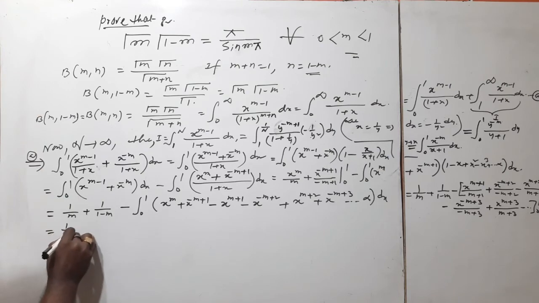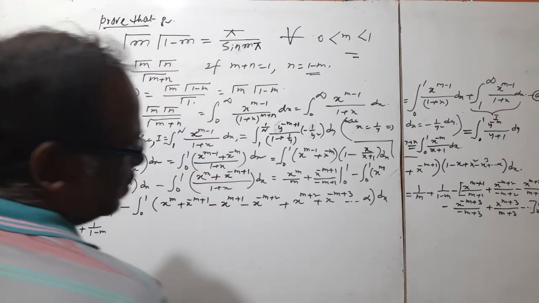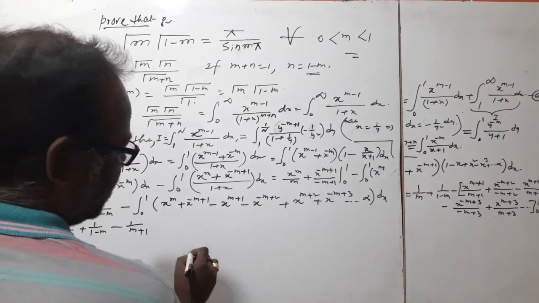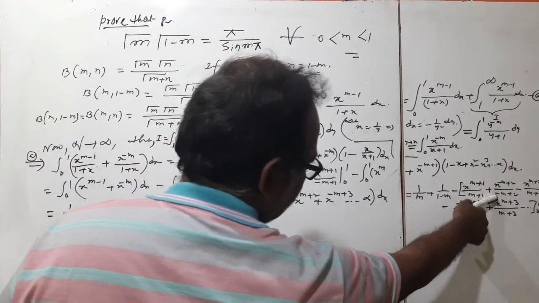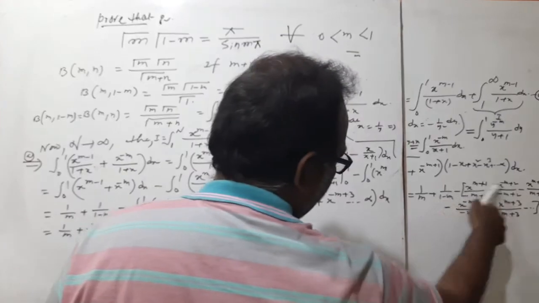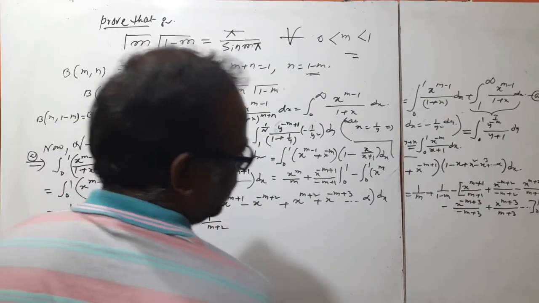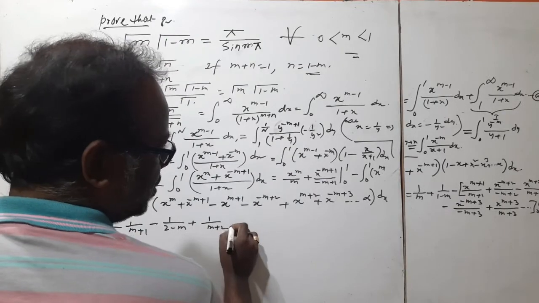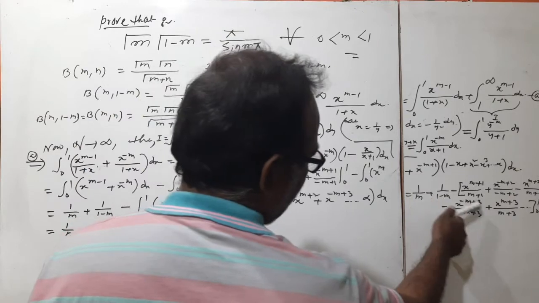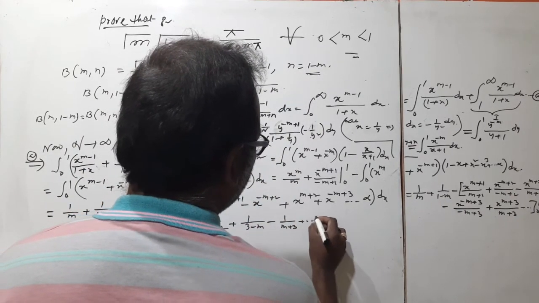Therefore, 1 over m plus 1 over 1 minus m. If we put the limit 1, we get here minus 1 over m plus 1, and for this, 1 over 2 minus m minus 1 over m plus 2, plus 1 over 3 minus m minus 1 over m plus 3, like that.